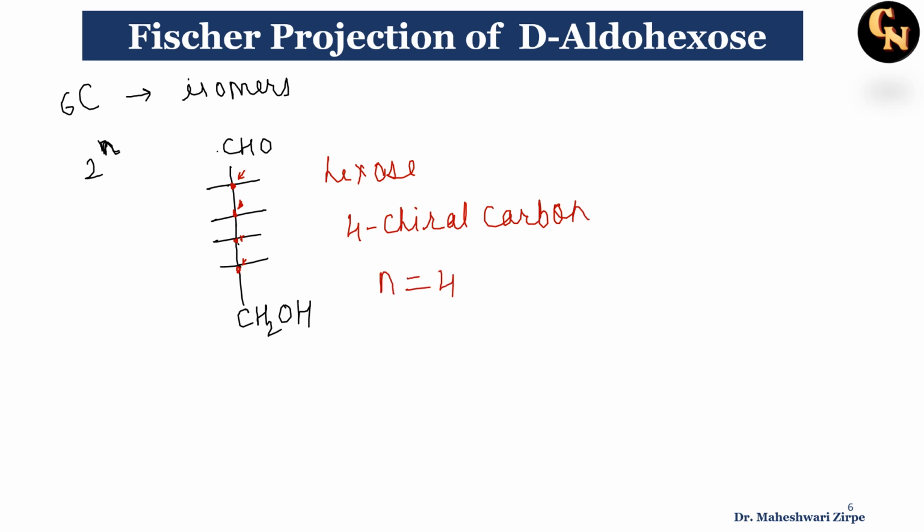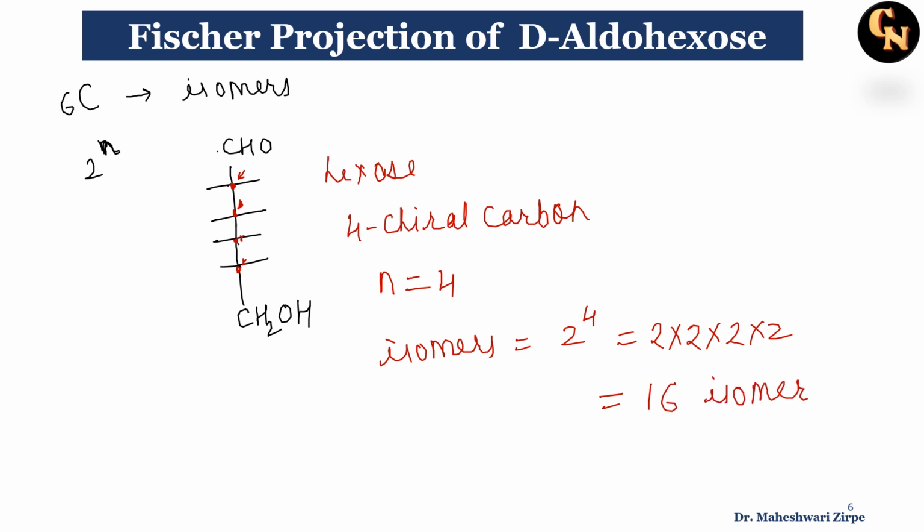So if n is equal to 4, isomers will be 2 raised to 4. That is 2 into 2 into 2 into 2. So if you multiply them, you will be getting 16 isomers. For this structure we can draw 16 isomers. Again, isomers have the same molecular formula, but the structure will be different in space.